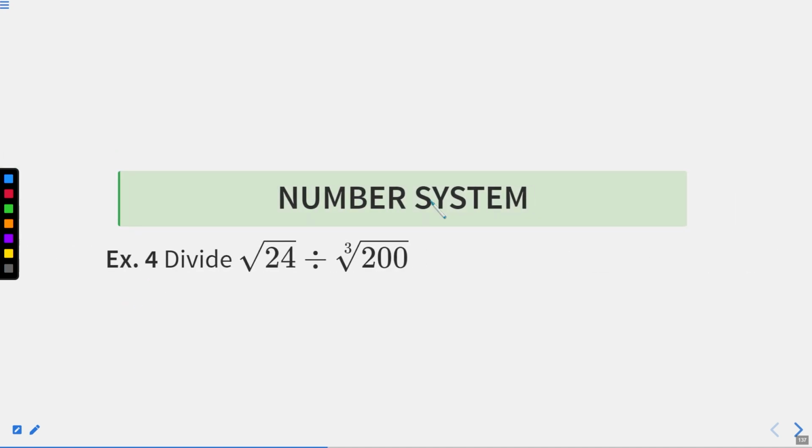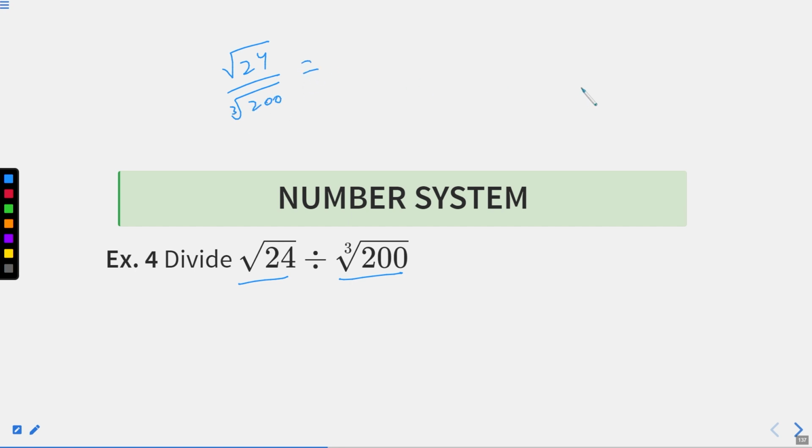Now let's move. So the question is root 24 divided by cube root of 200. So in a similar manner, like this we have to do.